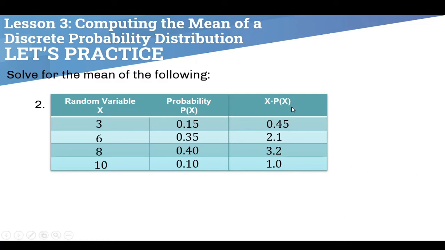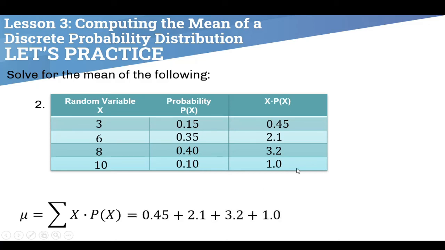So, nakakompleto na natin itong column na to. Anong next step? I-add na lang natin, using the formula, summation nitong column na to. 0.45 plus 2.1 plus 3.2 plus 1. Anong makukuha nating sagot? Very good, ang galing talaga.